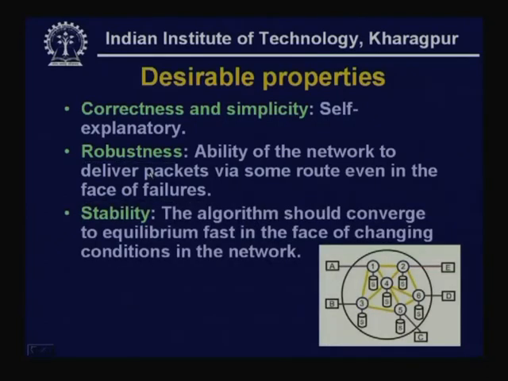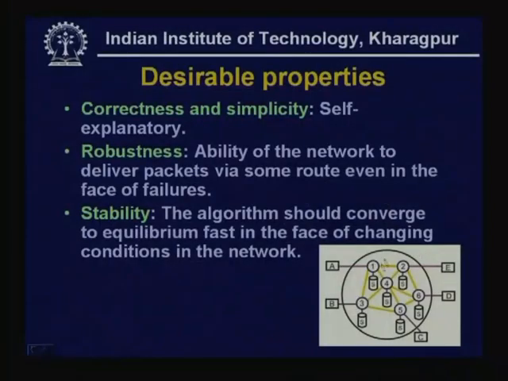Third important property, or fourth important property after correctness, simplicity, robustness, is stability. The algorithm should converge to equilibrium first in the face of changing conditions in the network. As I mentioned, the queue of packets may keep on changing quickly in the network.